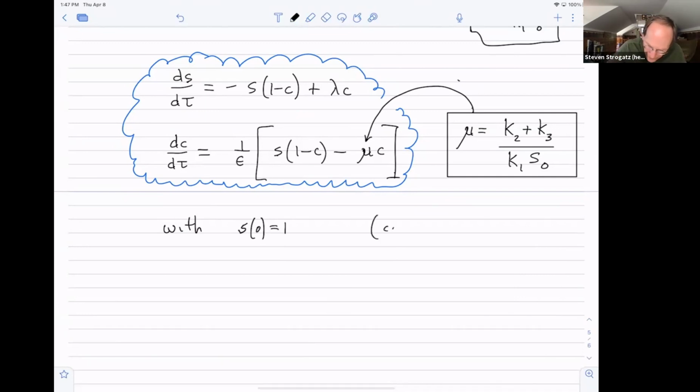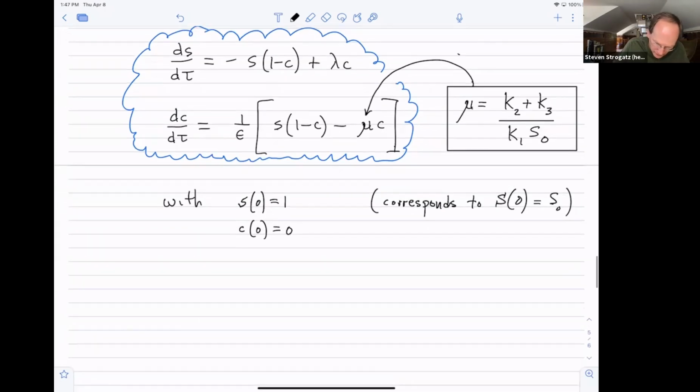This corresponds to big S at time 0 is S0. And there was no complex initially, so complex at time 0 is 0. So those are our initial conditions.